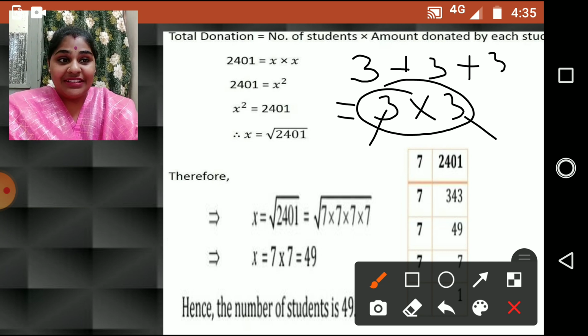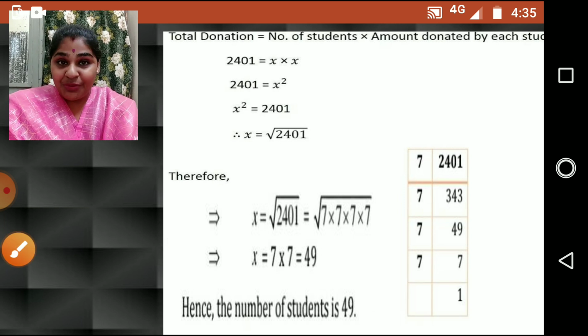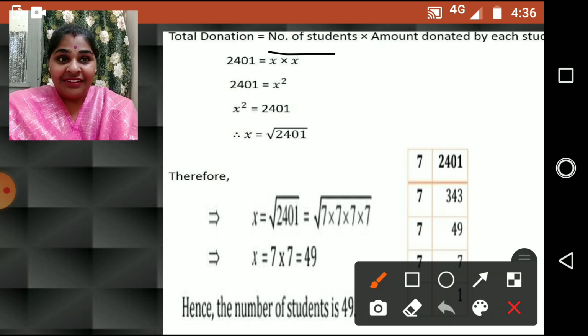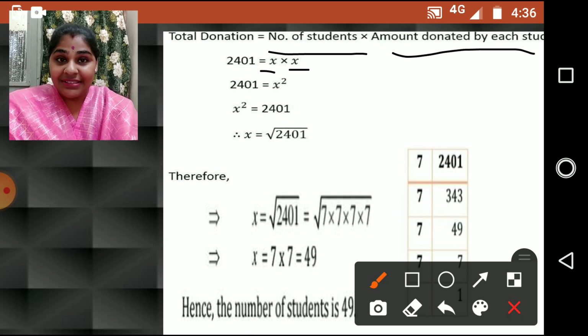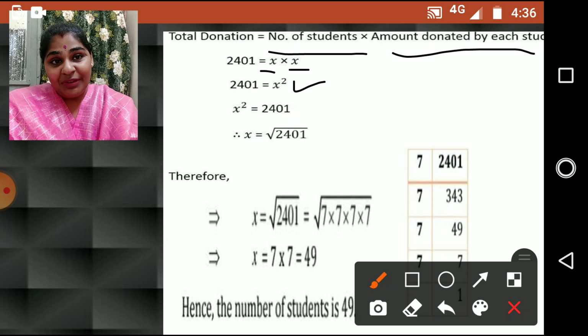So here we have considered the number of students as x and the amount donated by each child is x. So x into x becomes x square, which is equal to 2,401, that is the total donation.